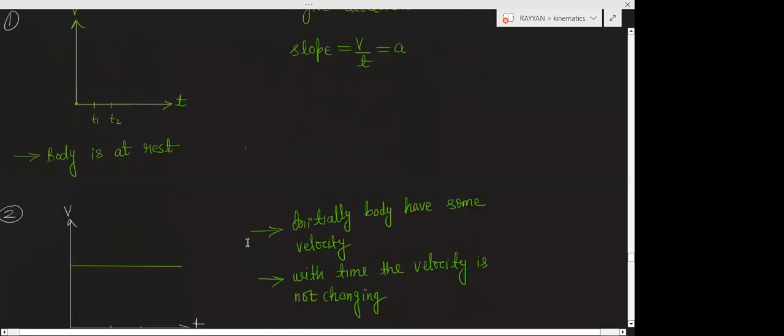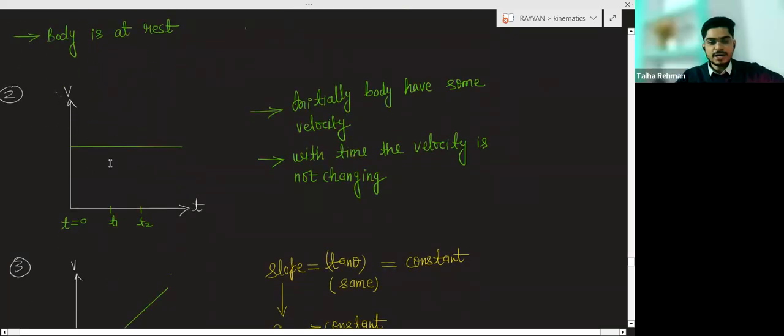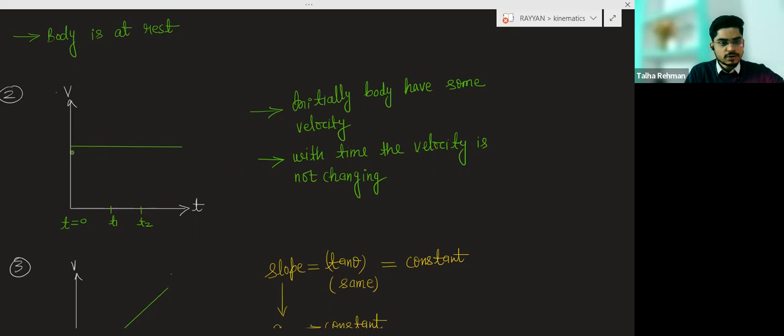Now another. If we have this type of graph, initially there is some velocity. Suppose initially the velocity is v1.